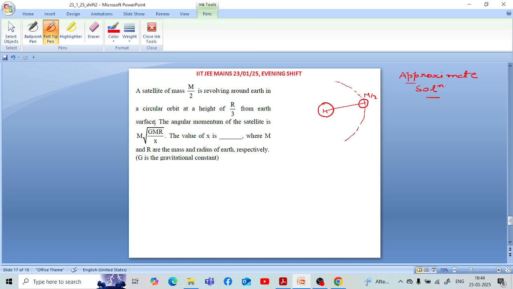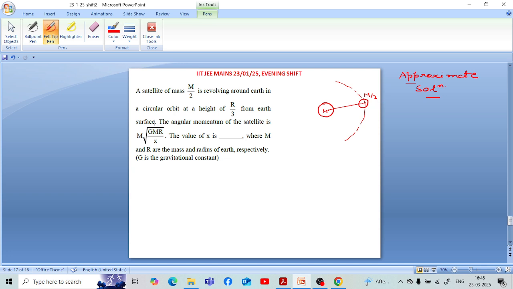Actually it is not so in the accurate manner, because both the masses are comparable. Earth mass is M, whereas the satellite mass is m by 2. So this is the approximate solution which I am solving first.